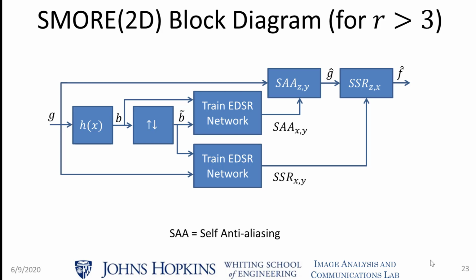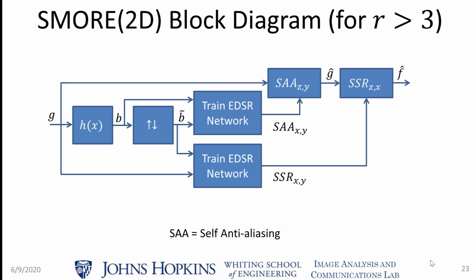And that is to introduce a second EDSR network that all it would do would be to try to reduce the aliasing in the blurry image. So you'll notice the inputs are B and B tilde. So this self-anti-aliasing network has the goal of inverting the aliasing that we introduced by this downsampling and upsampling.